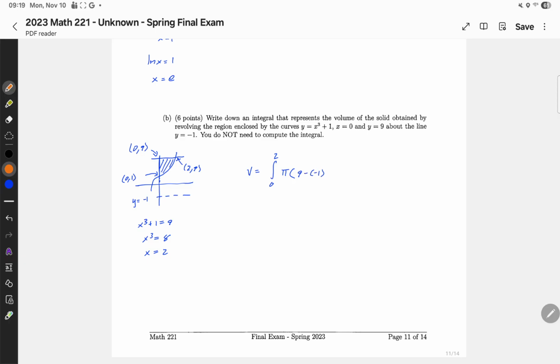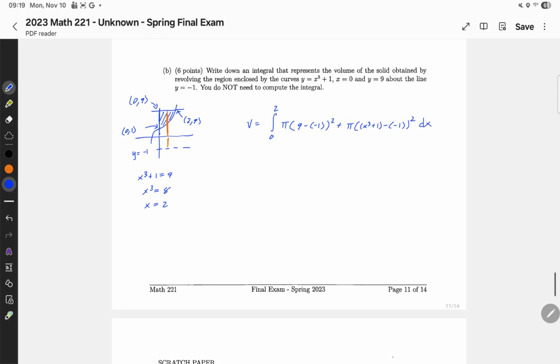So basically what we're doing is we're saying, okay, we want to take this area, and then we're adding that by subtracting, basically, because it's negative. And we're going to square that. And next up, what we have to do is we have to add to that pi times the inner radius squared, which is going to be our x cubed plus 1 minus a negative 1. Square that, and dx, right?